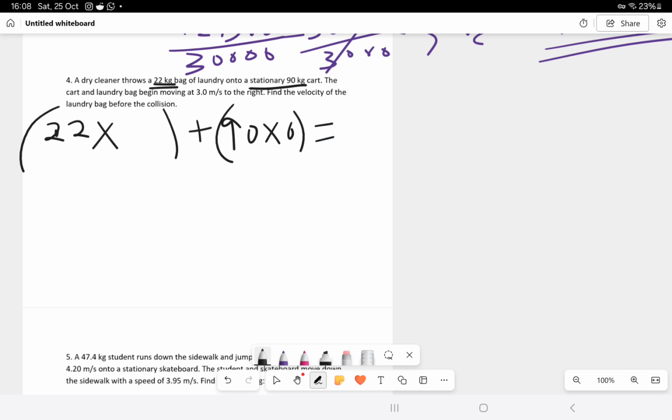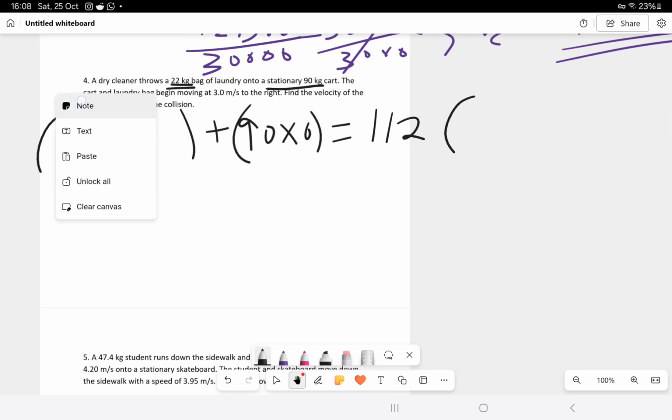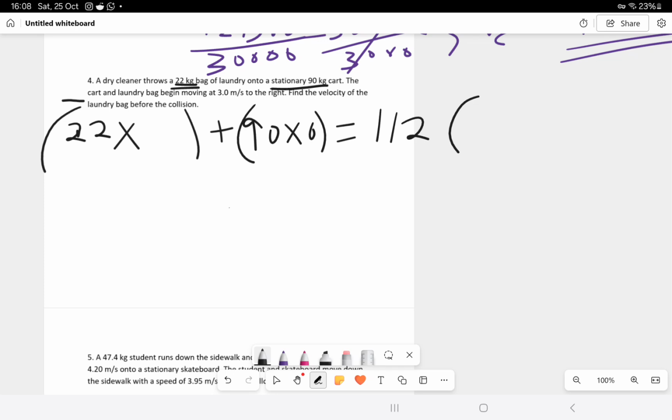This should give us M1 plus M2, which is 90 plus 22, and that gets 112, times VC. Now you are told this statement, which is very important: the cart and the laundry bag move together at 3.0 meters per second to the right.